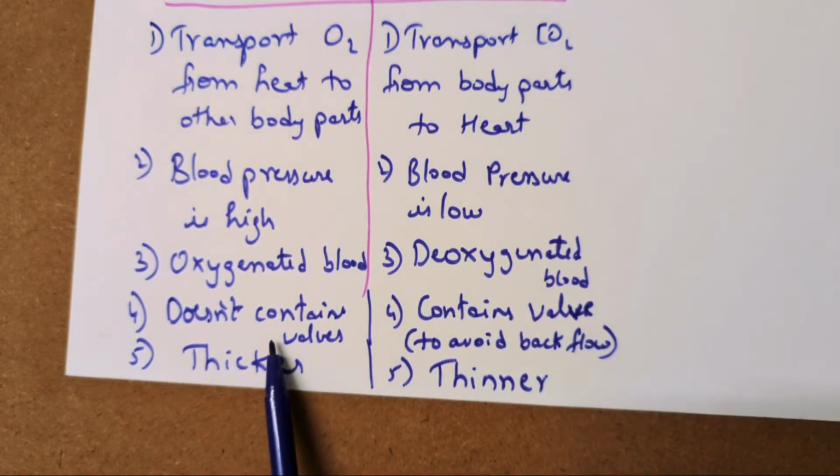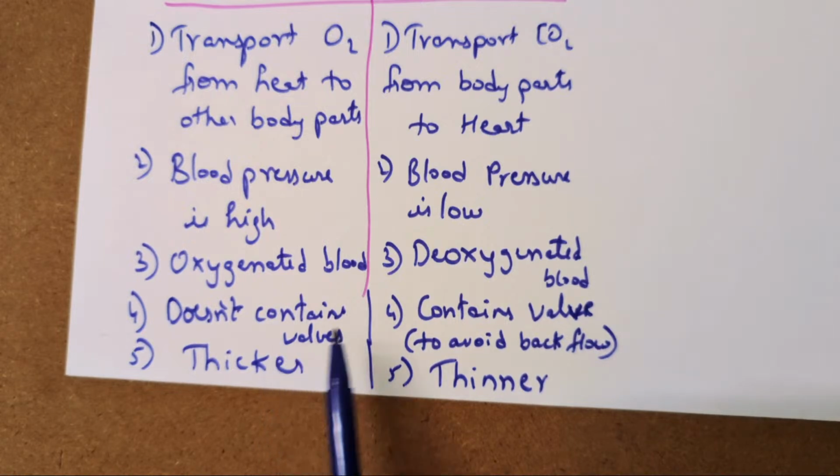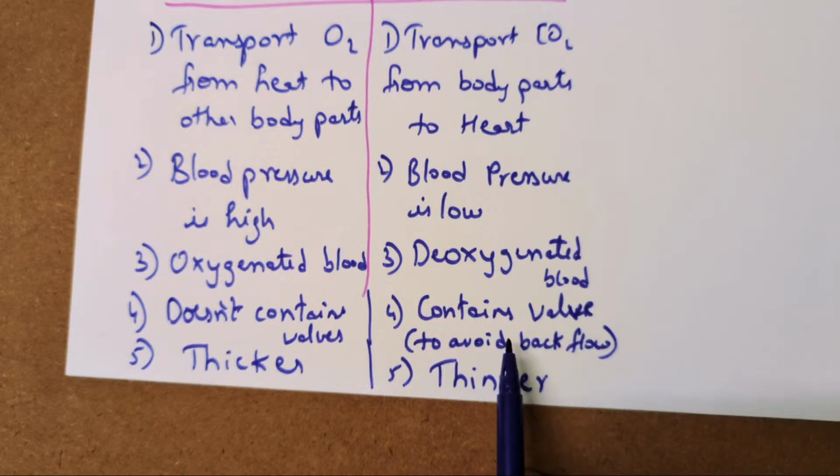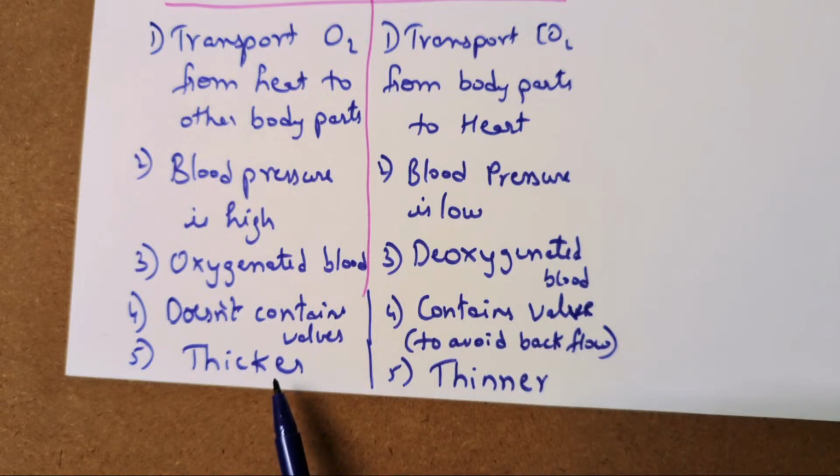Arteries don't contain valves because there is no fear of backflow; even if there is backflow, it is fine because the body requires oxygenated blood. Whereas veins contain valves to avoid backflow, because the carbon dioxide rich blood collected from the body shouldn't go again to that body part. It has to go only one way. And arteries are thicker because of high blood pressure, and veins are thinner.